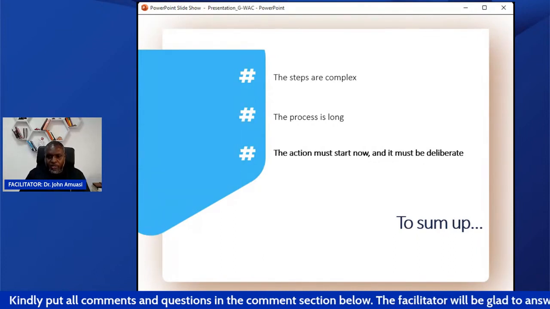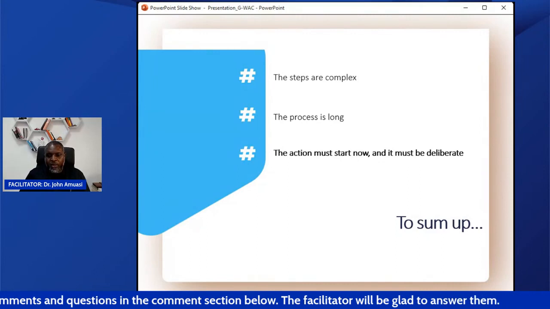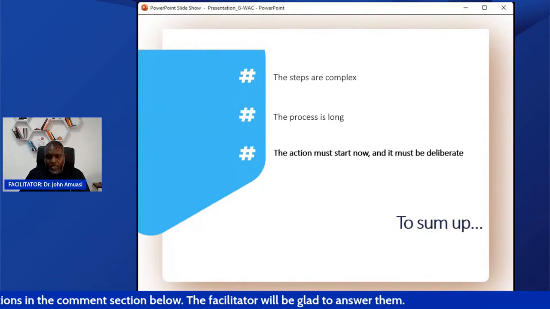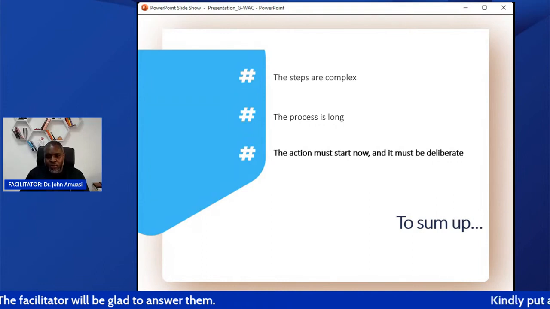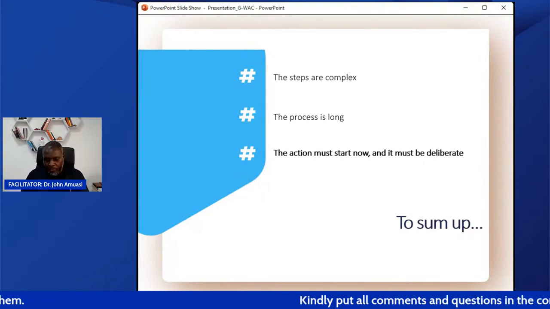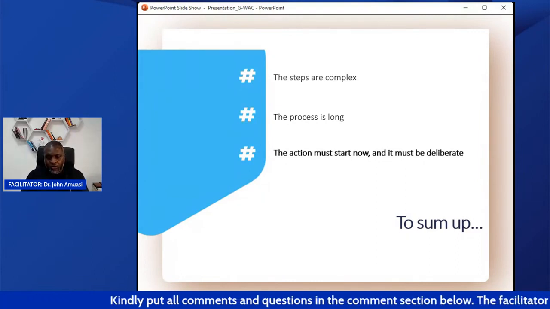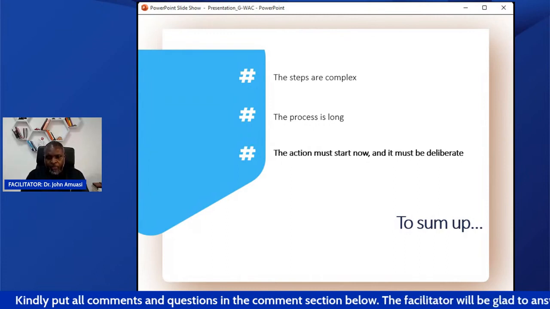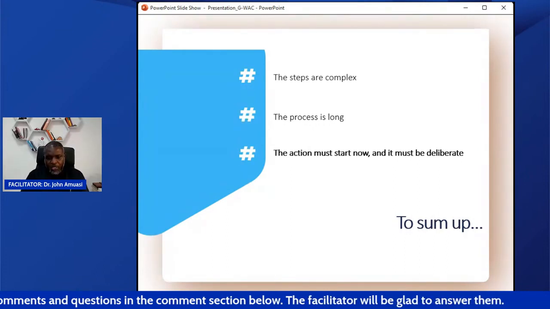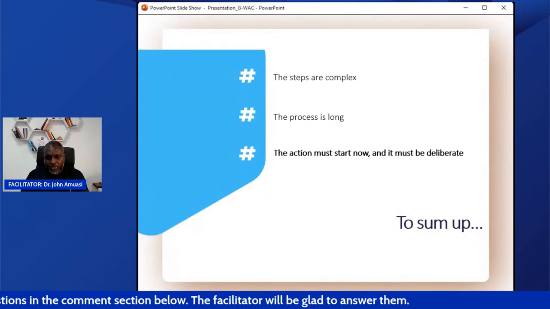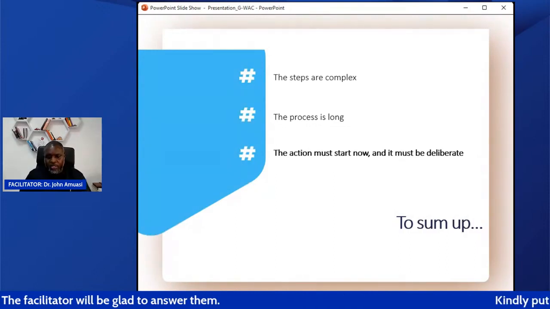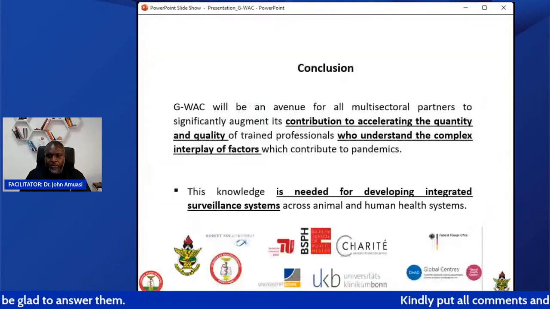So we need to be innovative in a way that the funding is present, and the financing mechanisms also are sensitive to all the constraints that we face globally, and also to the changes that are taking place. And then also that the education around collaboration and its intrinsic benefits to global health and One Health are also present, and we need to be ultimately deliberate about this.